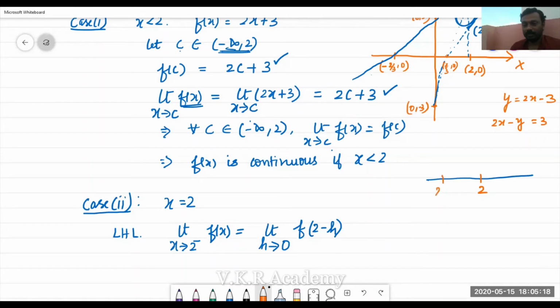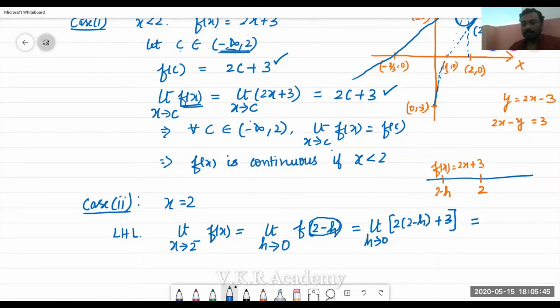Okay, sir. So 2 minus h will lie to the left of 2, where f of x is 2x plus 3. So this function takes the value 2x plus 3, where x is 2 minus h. So it is going to be 2 into 2 minus h plus 3.